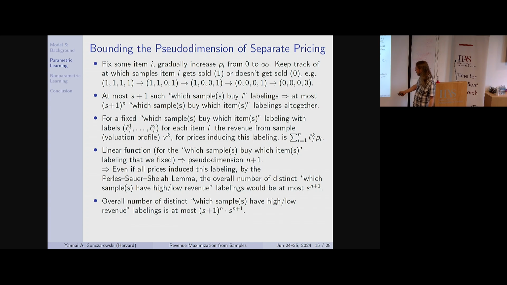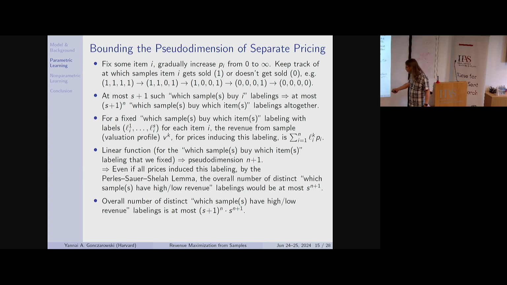So the overall number of distinct which samples have high-low revenue labels with respect to the thresholds is at most the number of which-samples-by-which-items labelings that we have, times, since each of these auctions can induce at most S to the n plus 1 different labelings.